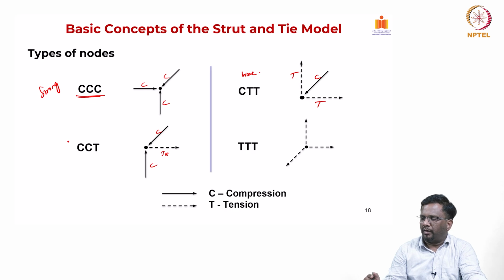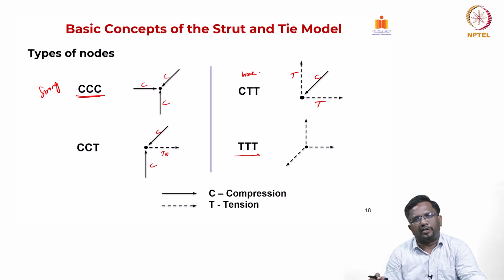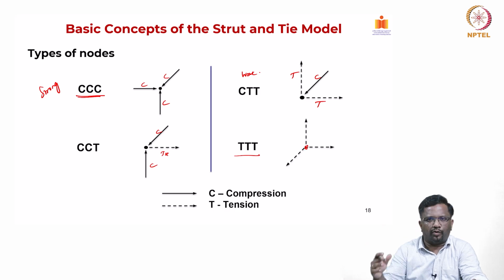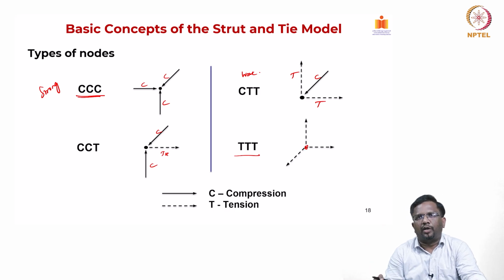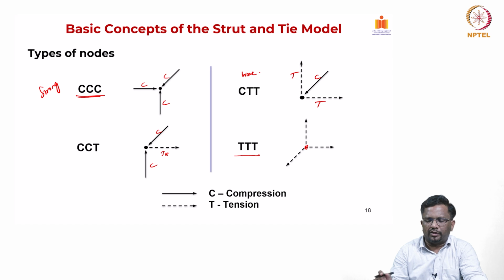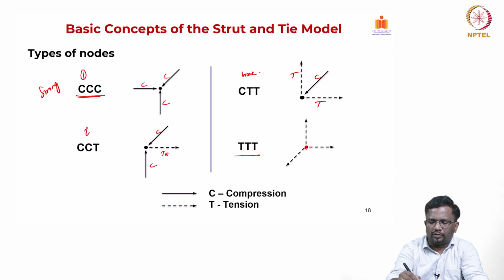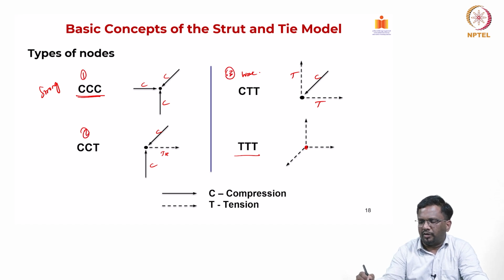You can also rarely have tension, tension, tension, depending upon the formulation of your strut-and-tie model, but the more common ones are this and this. This is not common; I would say this is more uncommon.